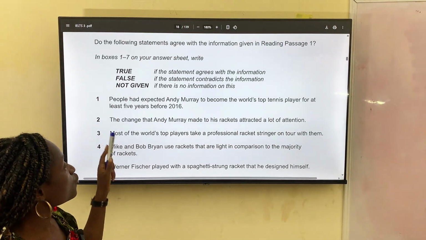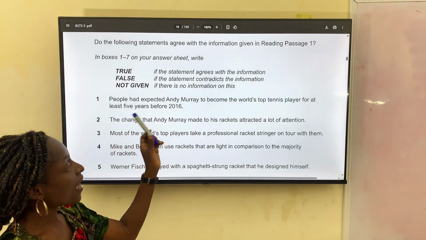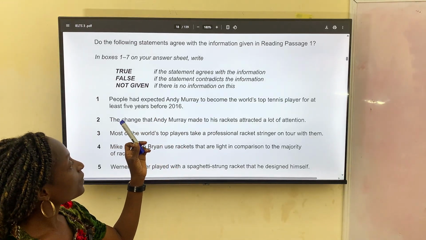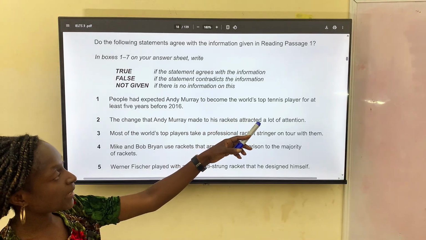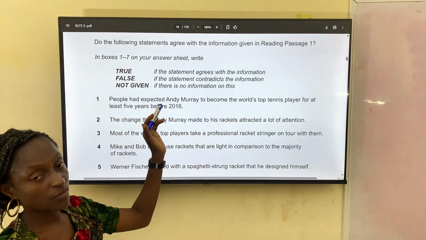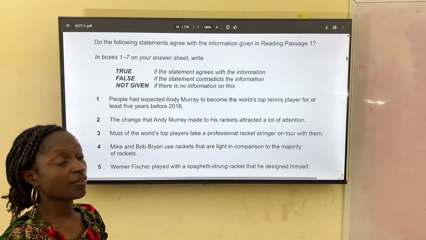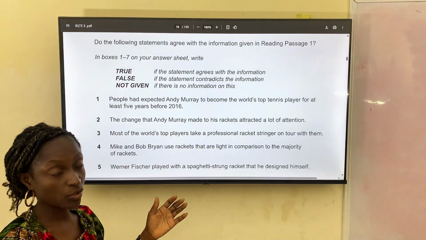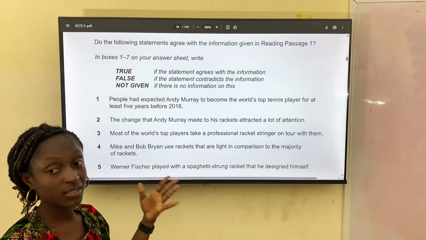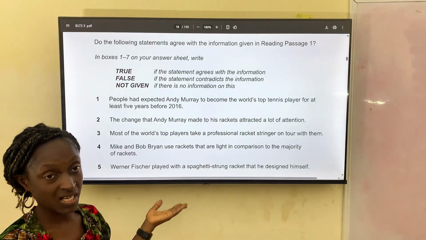Our answer is going to be false because the question says everyone expected him to become the world top tennis player at least 5 years before 2016. Whereas what the passage said was that 5 years before, he was considered, oh, he's talented, but he has not won anything.